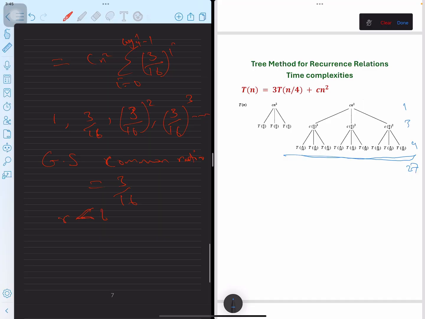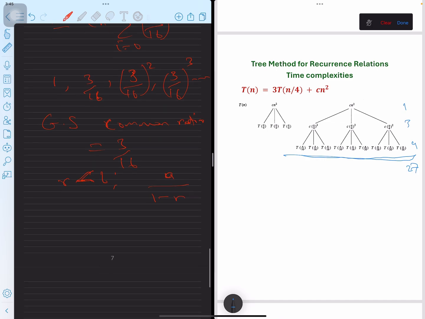And when it is less than 1, based on your formula, you can apply a divided by 1 minus r, right? And a is 1, which is the first term. Then we know what r is, right? So we have 1 minus 3 divided by 16. And what would this guy give you? It's going to be 16 divided by 13. See that? So that's what this guy will give to you.